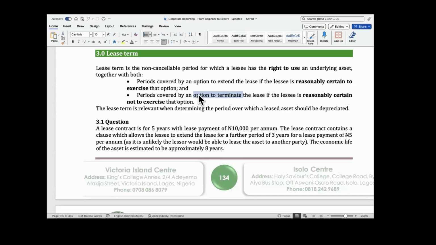It's just like the lease term is 5 years, and there's a place in the contract, though this one is unlikely, but let's say there's a place in the contract that states that this contract can be terminated within 2 years.